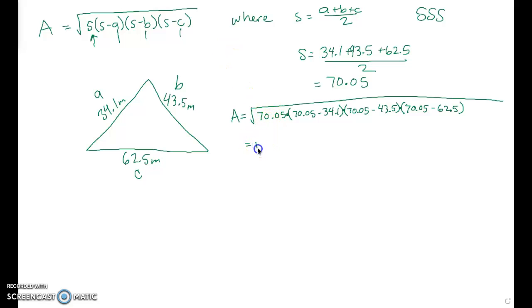So showing a little more work here, we get the square root of 70.05 times what is 70.05 minus 34.1. We should get 35.95. And then we'll get 26.55. And then we'll get 7.55.